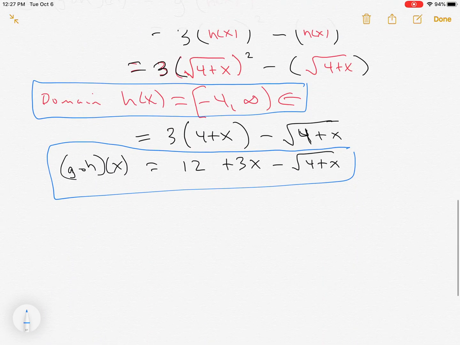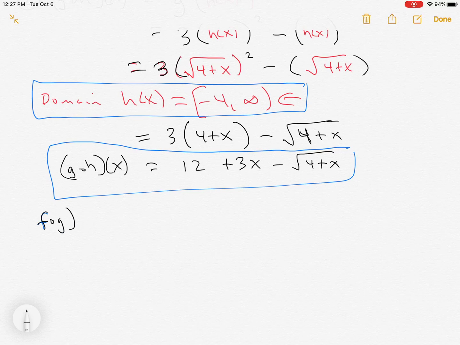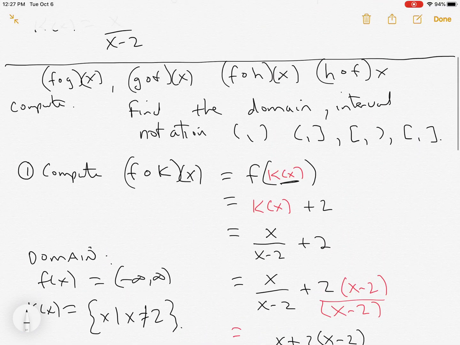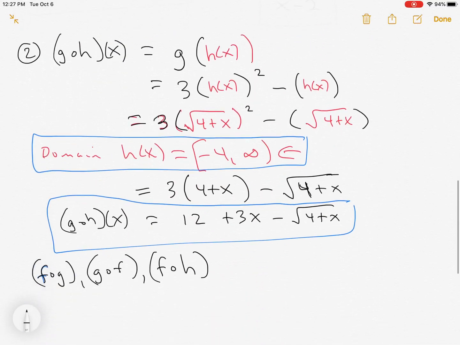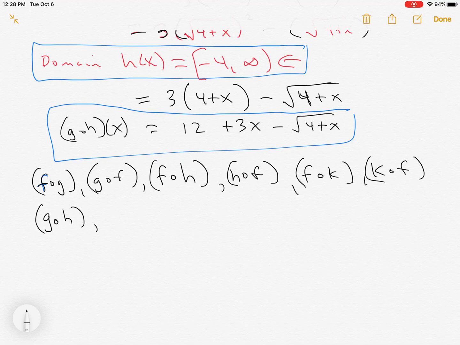Let's write them all out. So you're going to find f composed with g, g composed with f, f composed with h, h composed with f, f composed with k, k composed with f, g composed with h, h composed with g, g composed with k, k composed with g.